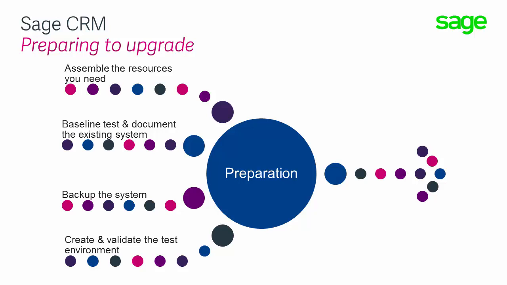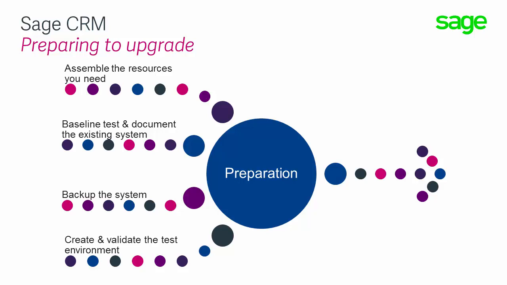We can make sure that we've assembled the resources that are going to be needed, and that's all of the documentation and the release notes, the software patches and the licenses, etc. that I've already described. And you're going to need to create a baseline of the existing system, fully documenting, making sure that you understand all of the changes made to that system that you're going to be upgrading.